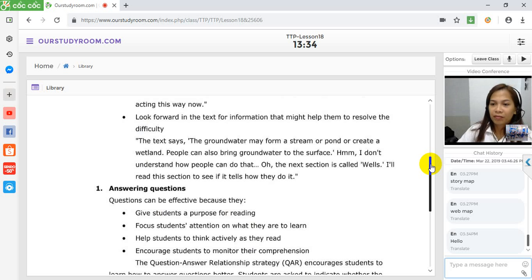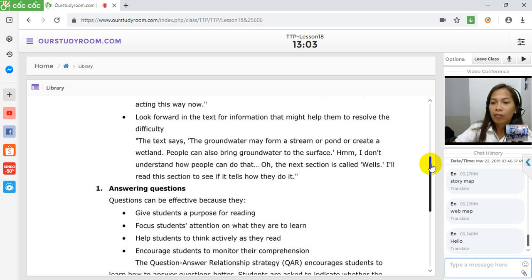The first question type asks the student to find one answer directly. Example: today we are going to learn about the family. Teacher asks, how many people are there in your family? Student answers, there are four people in my family.